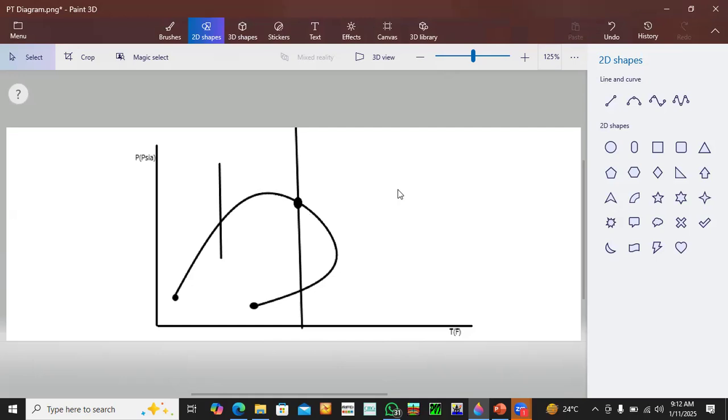And the surface condition for this reservoir usually is within the two-phase envelope, which means at the surface, we should be expecting gas and oil.